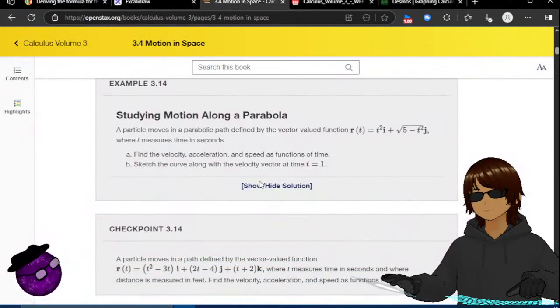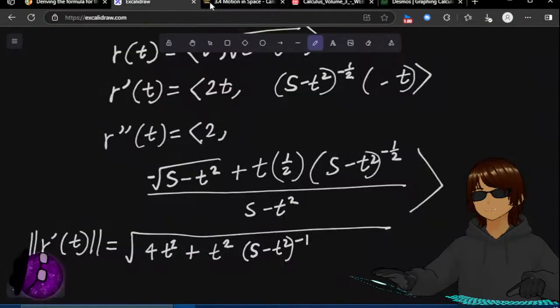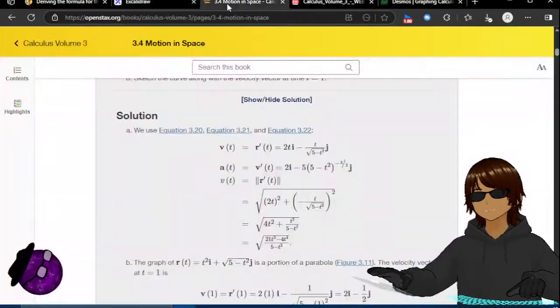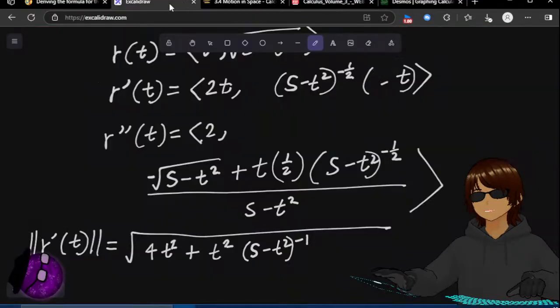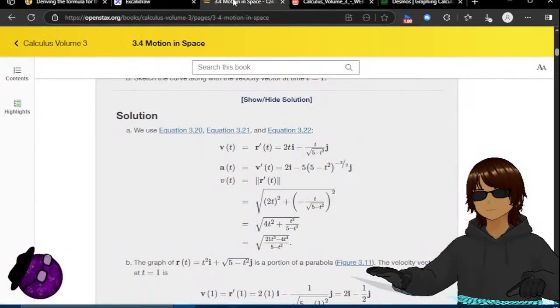Okay, let's see. So, okay, what about this one? The first derivative is correct.